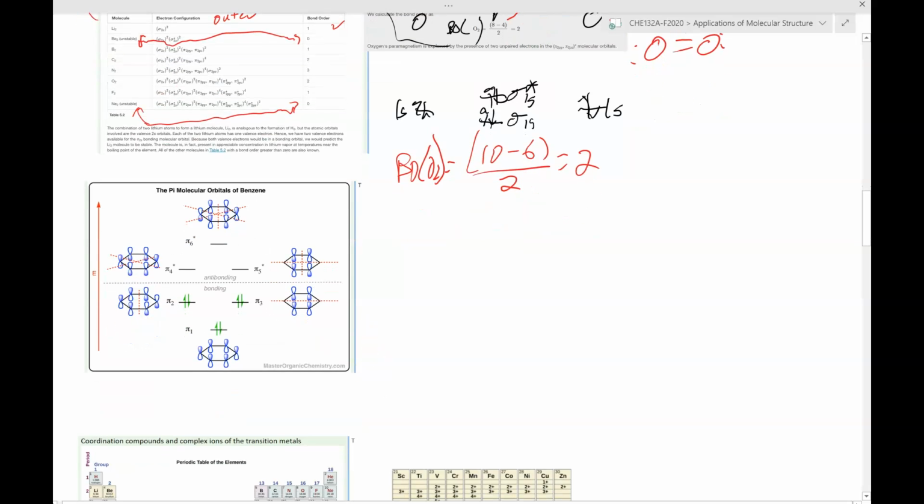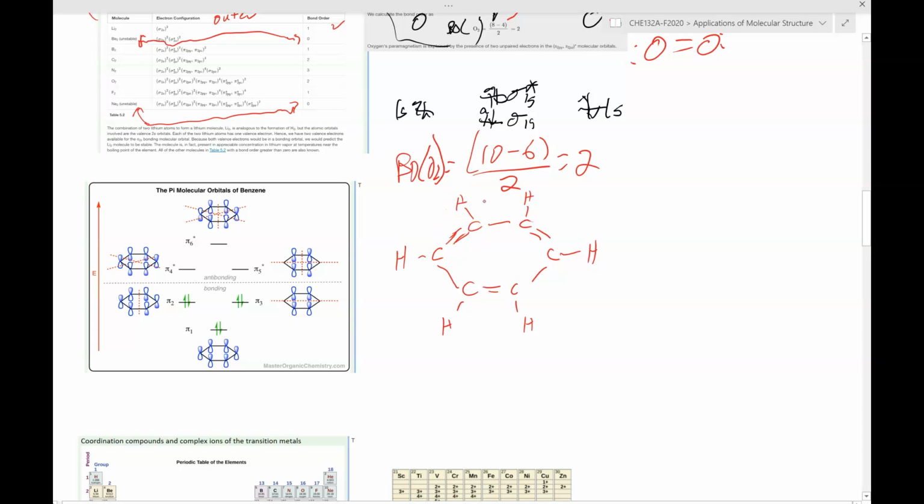So I do want to just show you how it can be applied to bigger molecules. Benzene is a molecule that you'll see a lot in organic chemistry if you haven't seen it yet. It's a cyclic 6-membered ring of carbons with alternating single and double bonds, and each carbon has a hydrogen on it, so they're all sp2 hybridized.